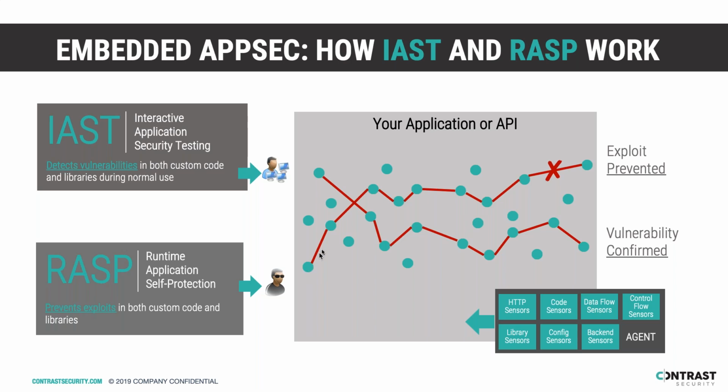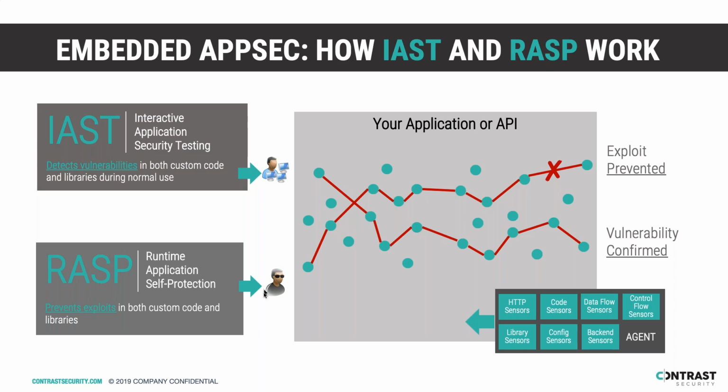Now, this is really important because, again, we have all of this diagnostic proof inside the application as it executes. So if there is malicious input heading towards a vulnerable method or a vulnerable endpoint, then we declare an attack. Moreover, the agent can raise an exception at runtime and block such an attack.